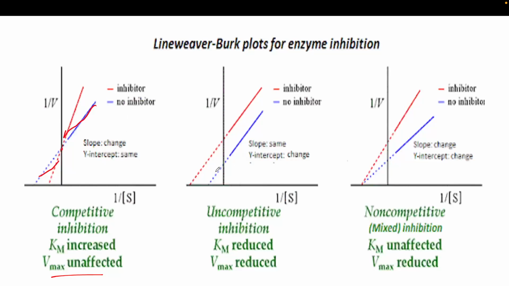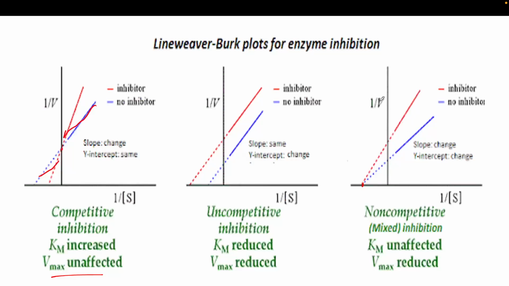In the case of uncompetitive inhibition, both graphs are parallel to each other, which means the Vmax is decreased as well as the Km. In the case of non-competitive inhibition, the Km is constant, because the lines meet at the same point, and the Vmax is reduced.